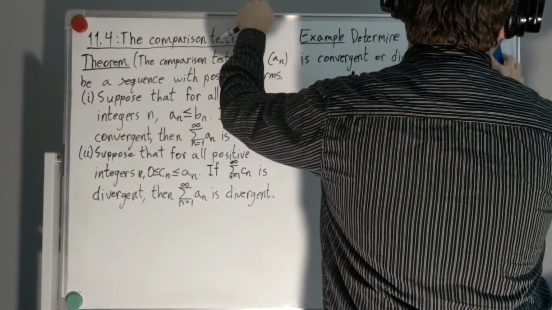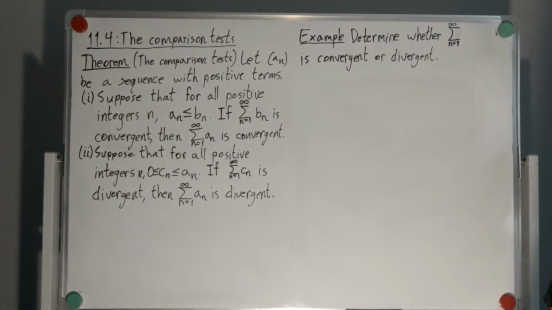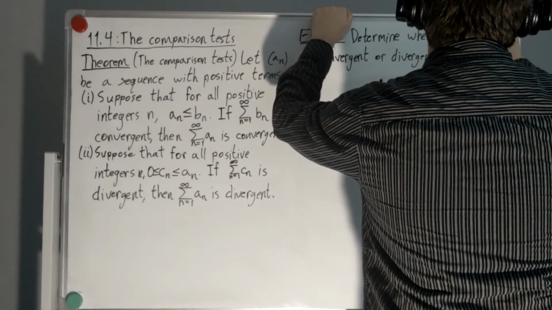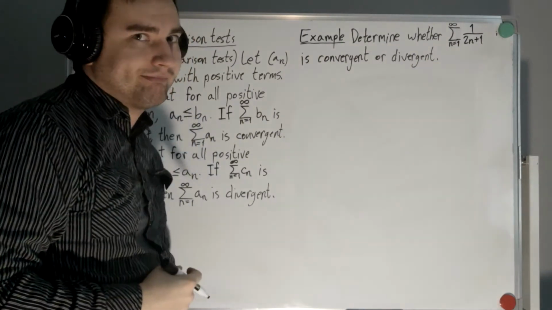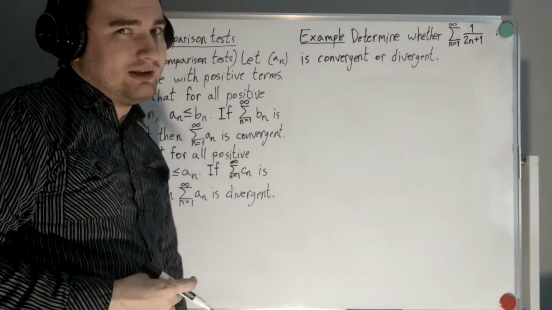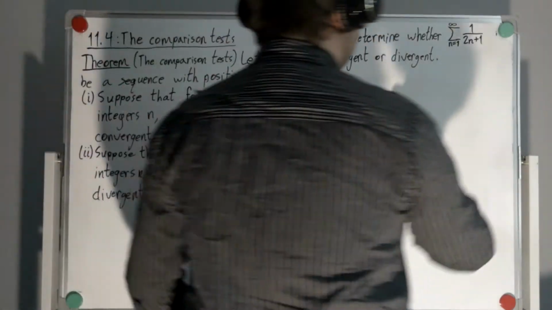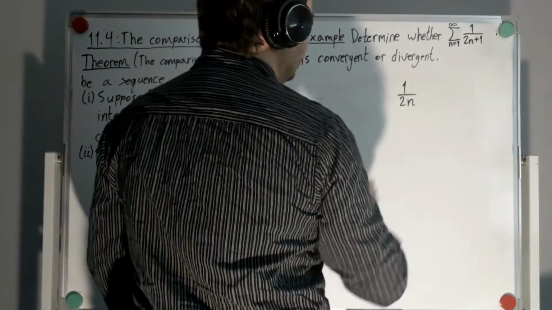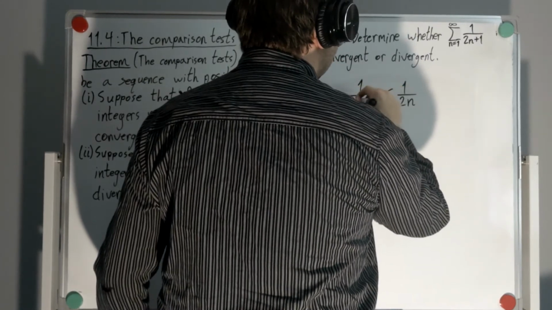For this example, we're going to be talking about 1 over 2n plus 1. All right, so you say to yourself, well, I don't like that 1 in the denominator there, so I'm going to get rid of it. So I get 1 over 2n. But then that's actually larger than 1 over 2n plus 1, right?